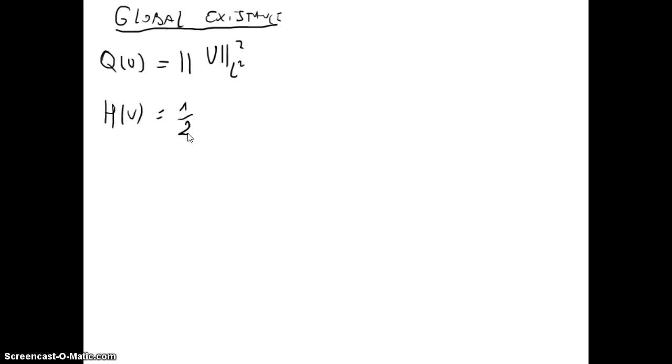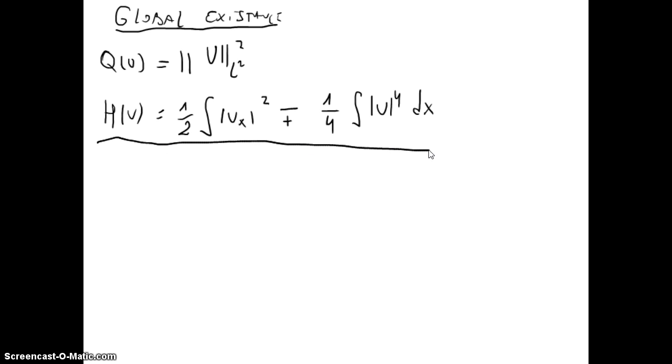You may say H for Hamiltonian. We'll see that, let's say, the integral of |u_x|^2 minus or plus, depending on the focusing or defocusing equation, 1 over 4 |u|^4 dx.